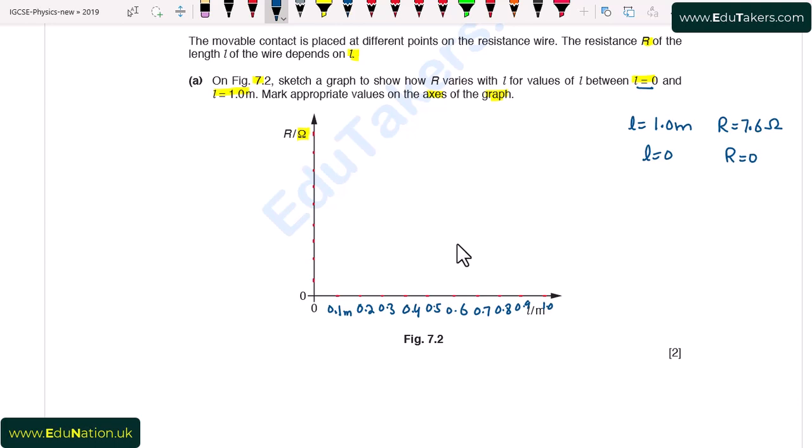So here I consider that 0.1 meter is equal to 4 small bars, 4 readings on the scale. This is along the x-axis.